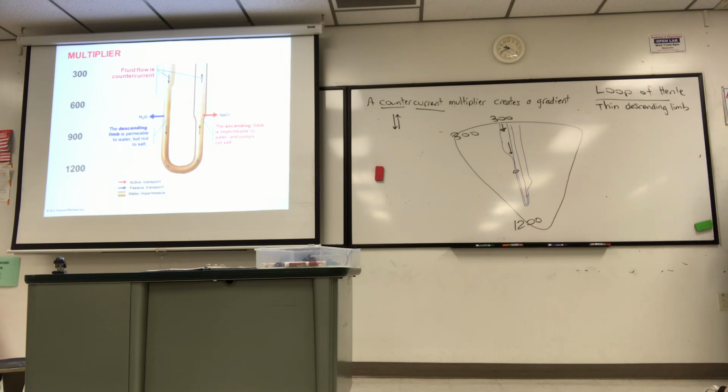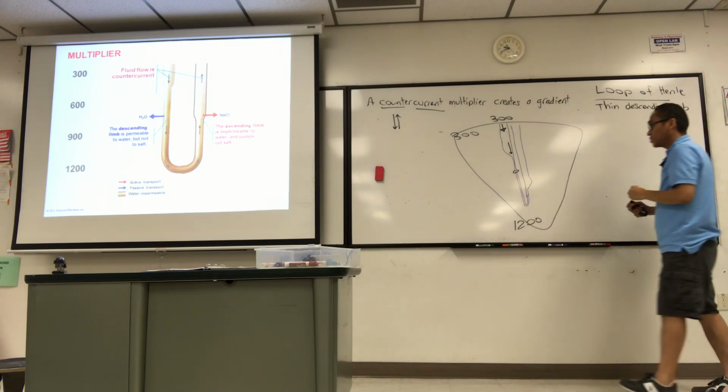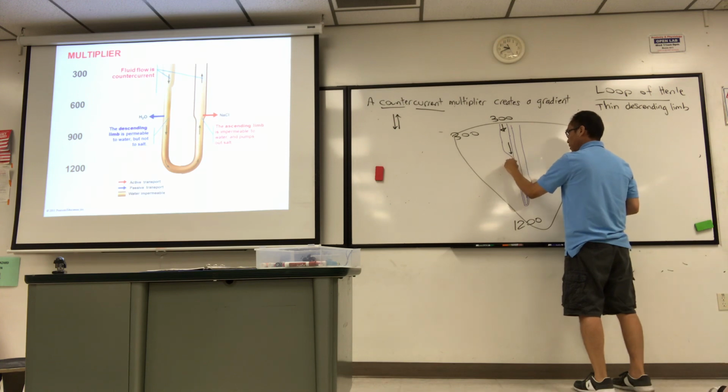As the figure indicates, water leaves on the way down as you proceed down the thin descending limb.